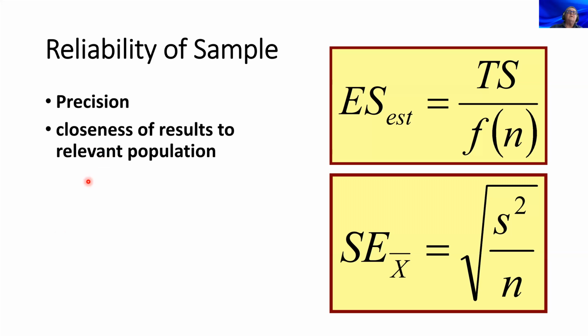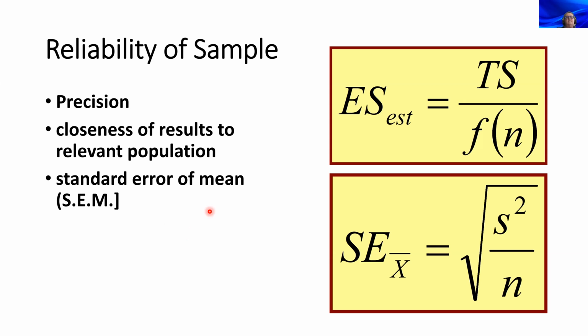And this tells us how close the results are to the population. So how much error is in this data? And this tells us how reliable it is. A higher standard error of the mean relative to the data that you're collecting means it's not going to be as reliable in terms of results.